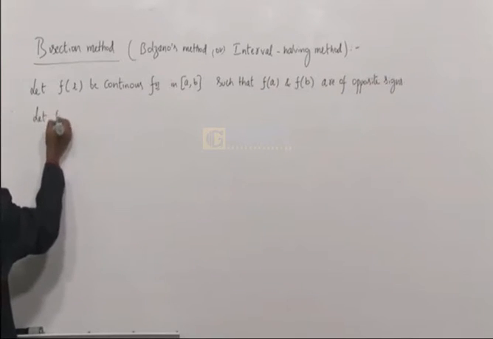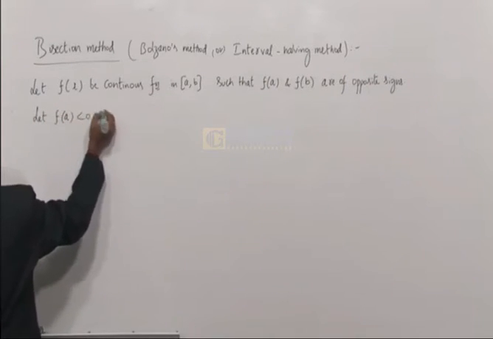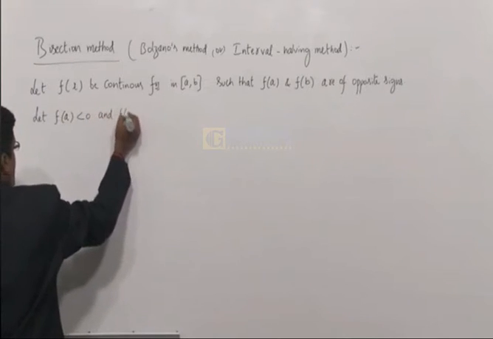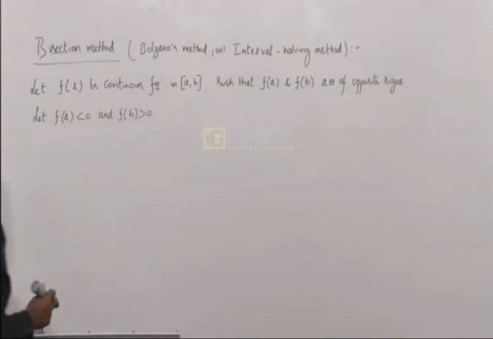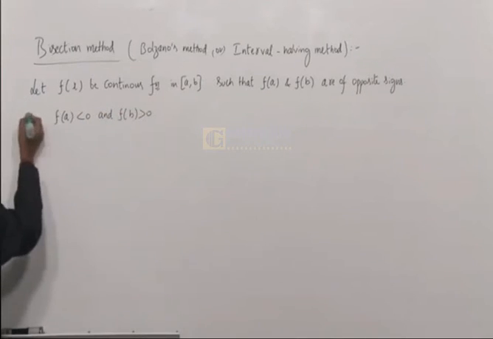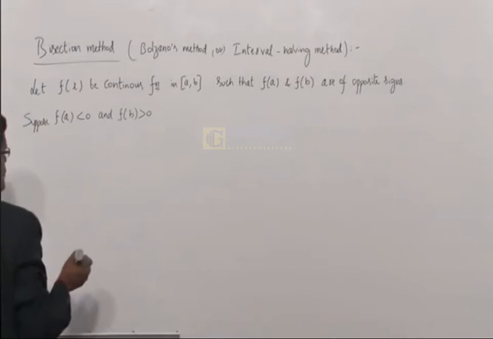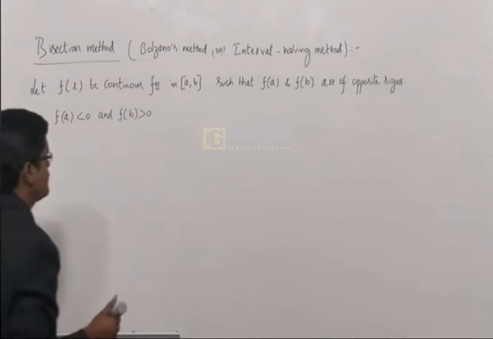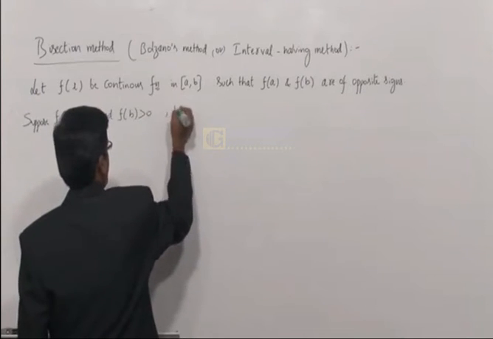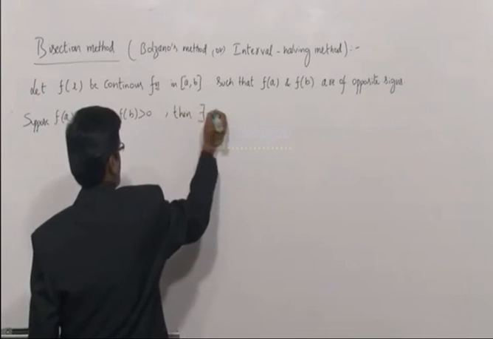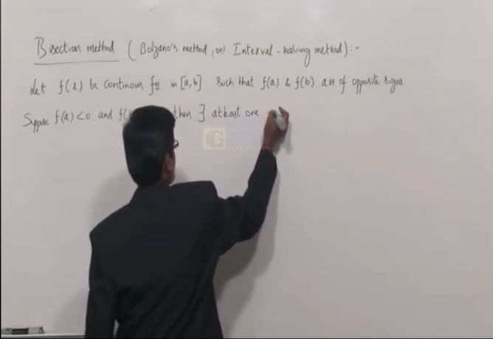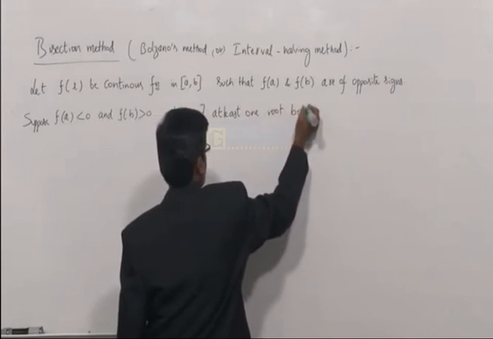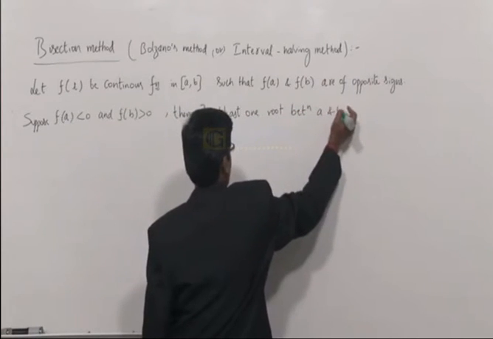And the next step, let f(a) be less than 0 and f(b) greater than 0. Then there exists at least one root between a and b. This is the intermediate value theorem only.